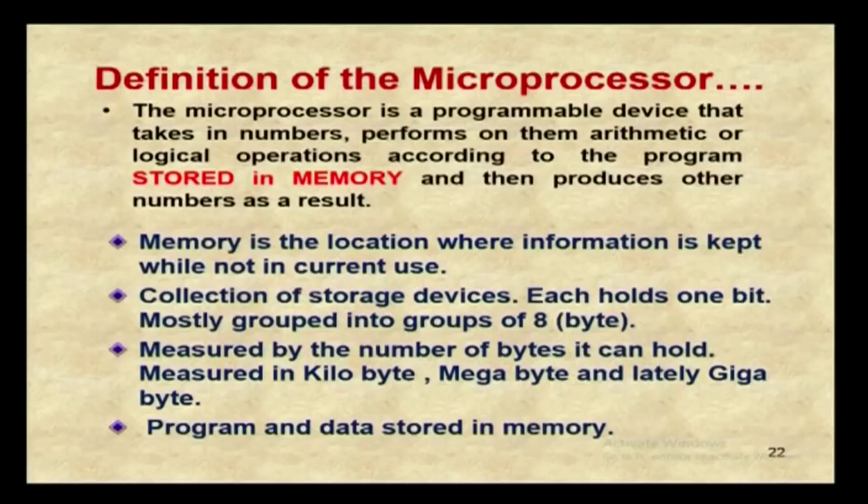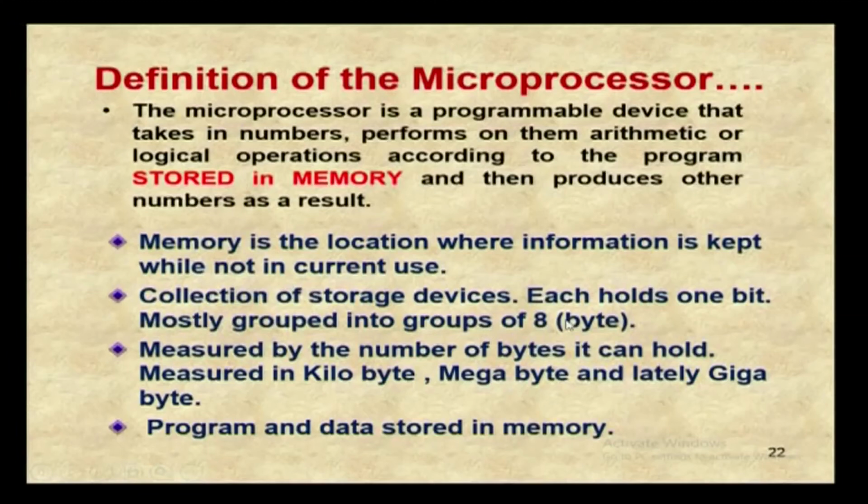Just like when you write an exam, you read and store it in your brain, and then write the answer according to the questions asked. In the same way, the microprocessor has to store the data somewhere, and where it is stored is called the memory. Whenever it is required, it is taken from the memory and processed. The storage devices are grouped into 8 bits.